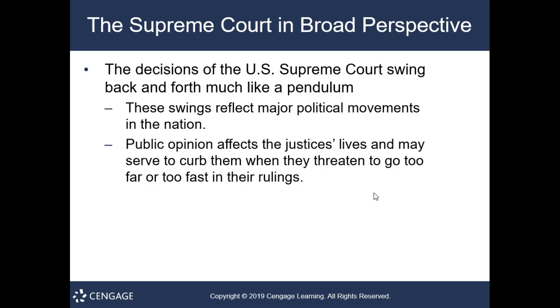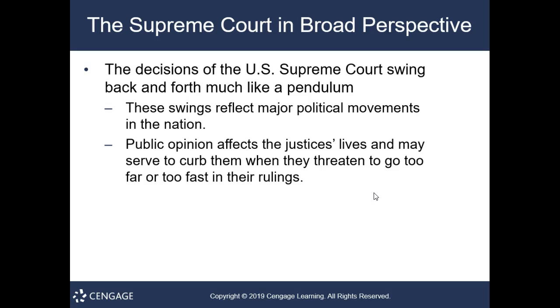These swings reflect major political movements in the nation, and so it acts sort of like a pendulum, but it's a pendulum with some weight to it. So it takes a while before it starts to move, but when it starts to move, watch out because it's hard to stop. And it'll go usually pretty far before it'll stop and start slowly going back the other direction.